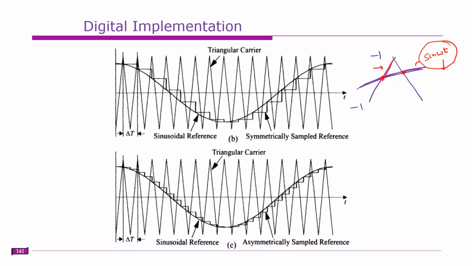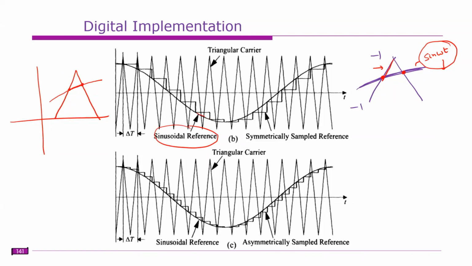So here, this is the triangle carrier, and you have this sinusoidal reference here. The assumption is, if this is the triangle carrier and this is the modulating signal, then from here to here this waveform follows a sine wave.